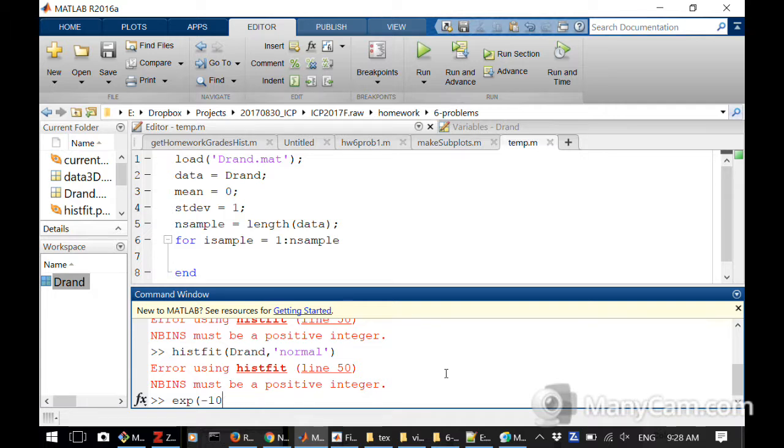Let's go with a smaller number. Let's just choose an x value of 1. Okay, so I say x equals 1. Then I say exp of negative x squared is what then? It's just 1, right? Divided by 2 is half.